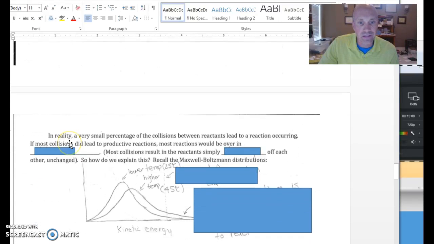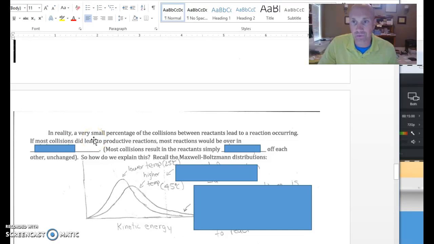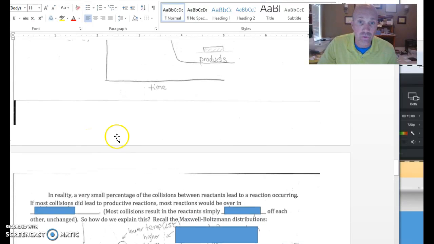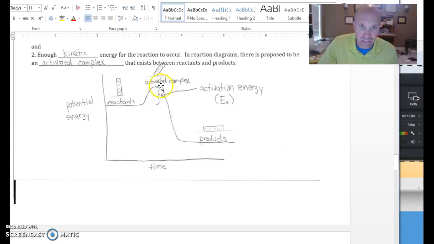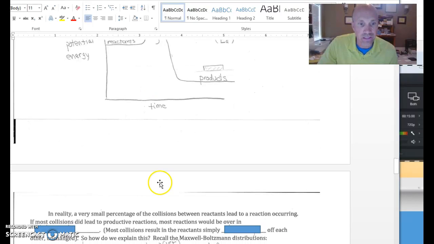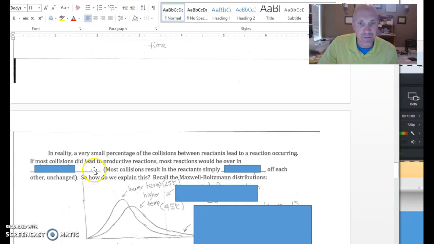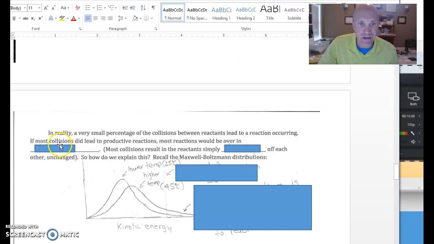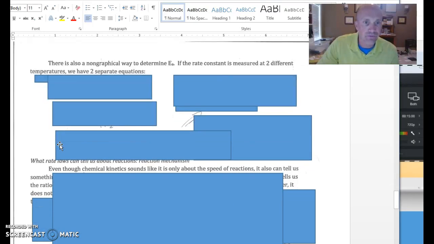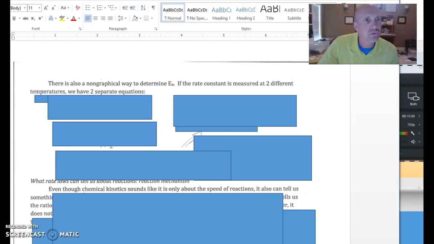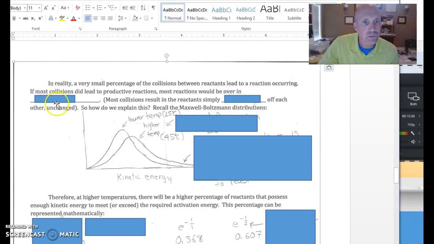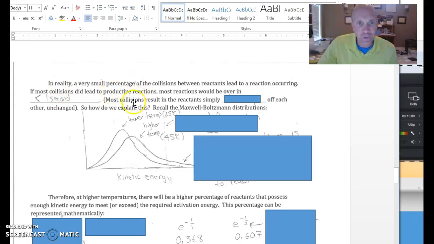The question is, what percentage of molecules in a sample during a reaction actually have enough energy for this to happen? In reality, only a very small percentage of the reactants have enough energy at any given point in time.